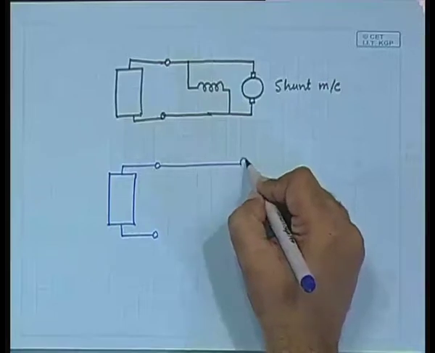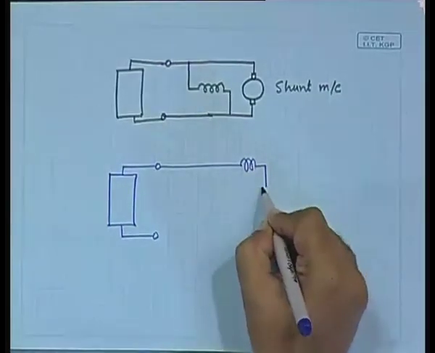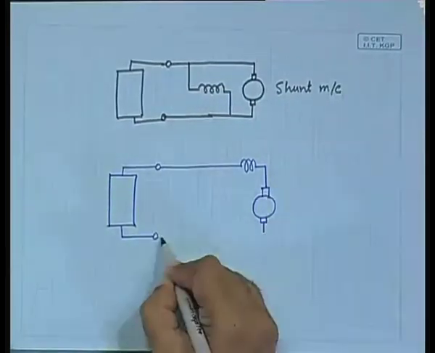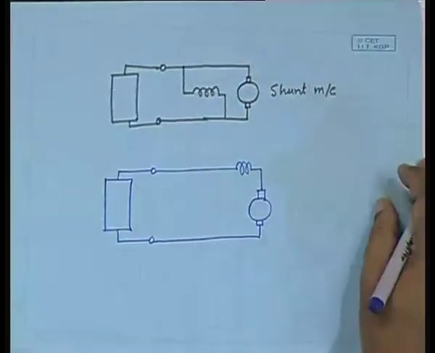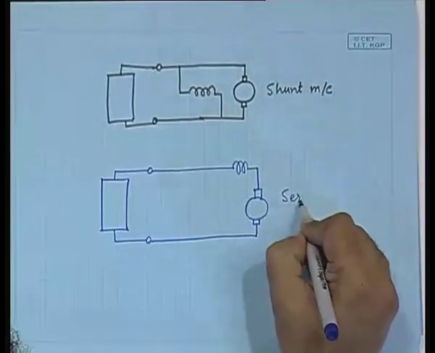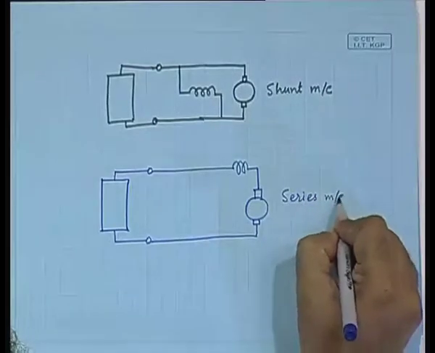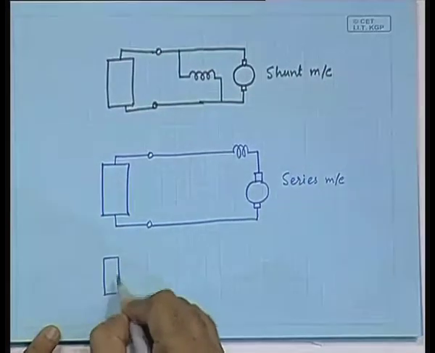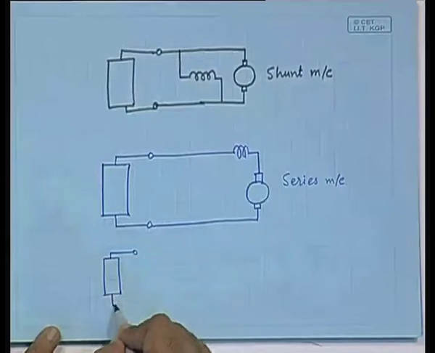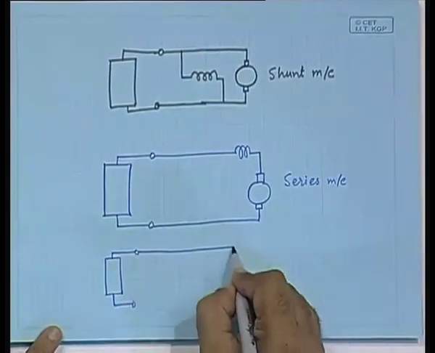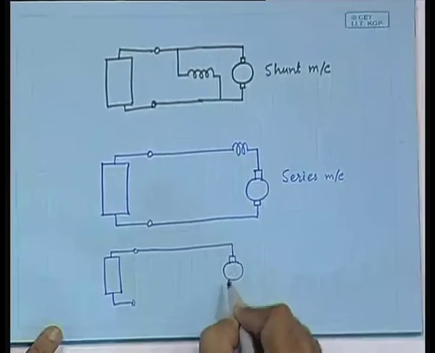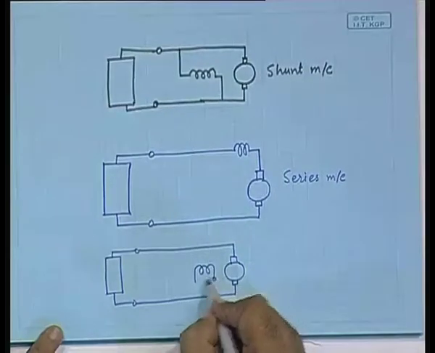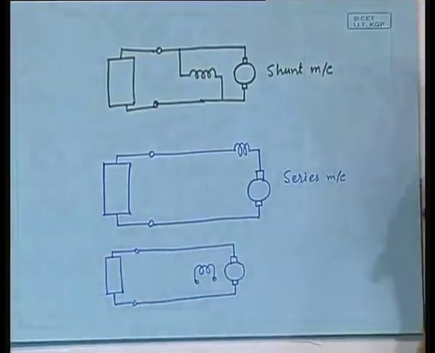In case of this, the series field is here. And the third option is the separately excited, or you can also say the same thing, the permanent magnet machines, separately excited or permanent magnet.